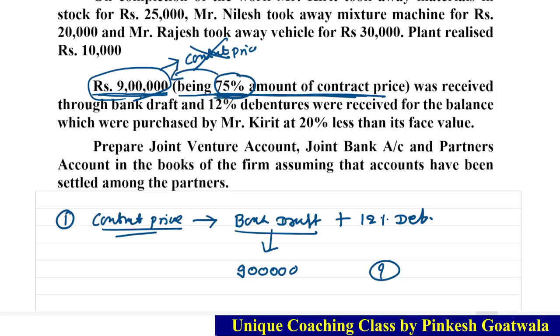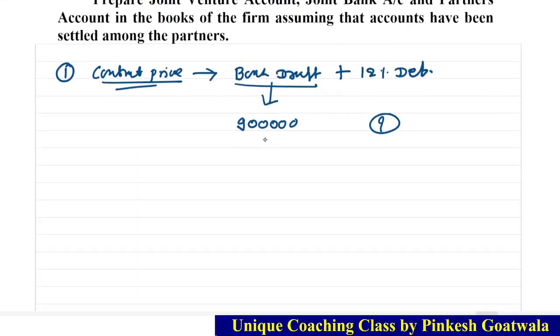So indirectly, whatever the contract price is, we received 75% of it as 9 lakh, that was the amount of bank draft. This 9 lakh is 75% of the contract price.